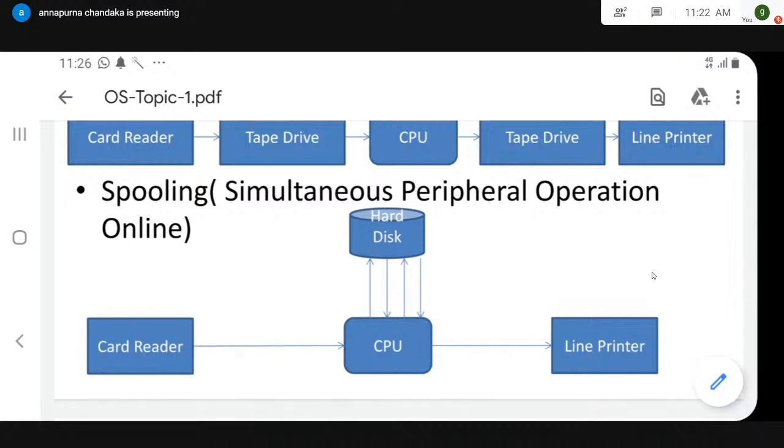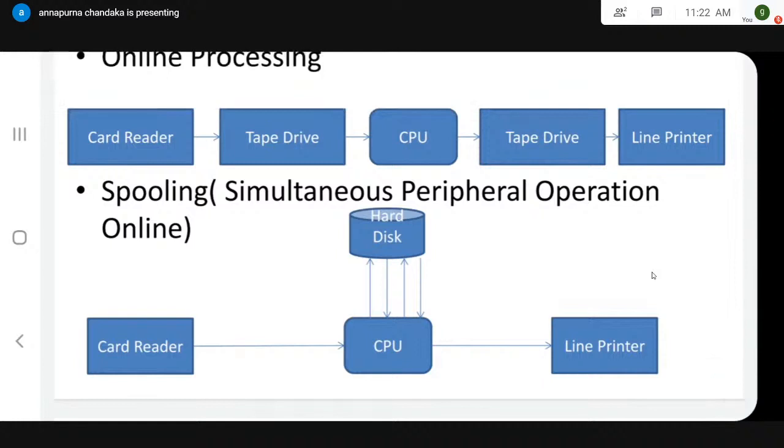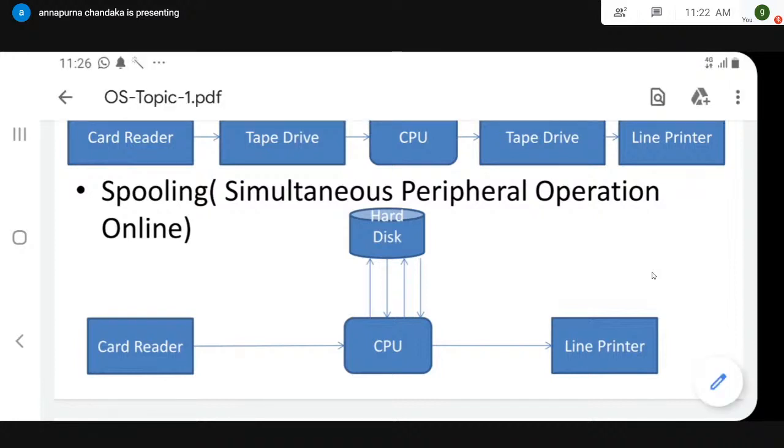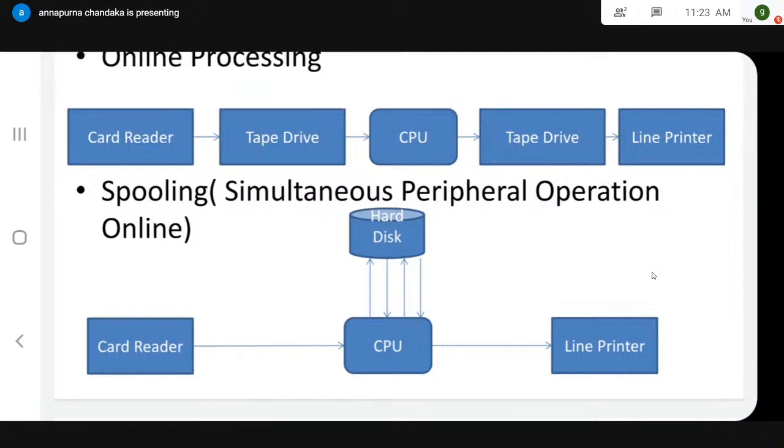How to reduce the speed mismatch between CPU and memory can be done by using the memory interleaving concept, which is also covered in computer organization. But finally they concluded that we cannot catch up with the speed of the CPU. To control the execution behavior of the CPU, something was required, and they defined it as the operating system.